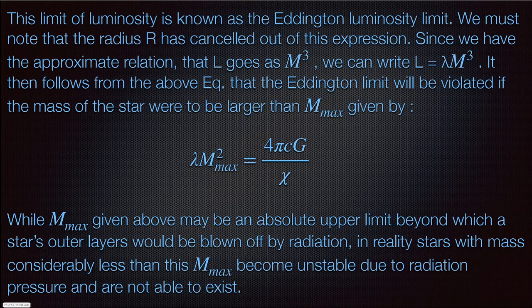So these things we see, we call them pulsars, quasars, or gamma ray bursts. These are the astrophysical events which have mass more than this m max, like more than this luminosity limit.